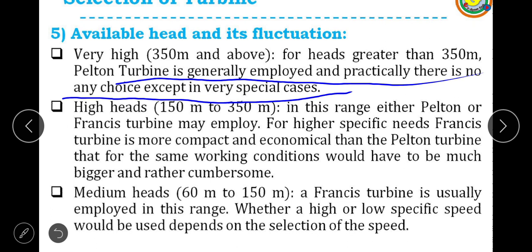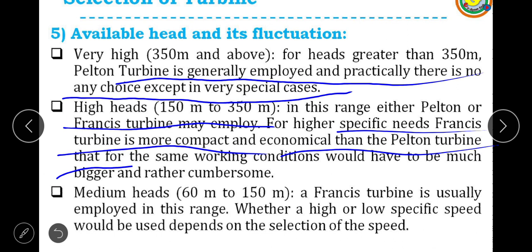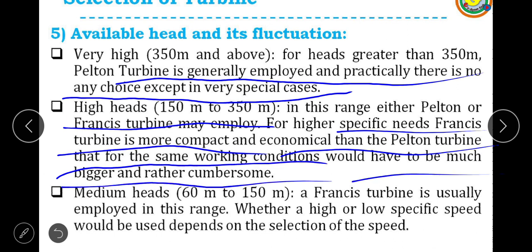High heads, 150 to 350 meter: in this range, either Pelton wheel or Francis turbine may be employed. For higher specific speed, Francis turbine is more compact and economical than the Pelton turbine, which for the same working conditions would have to be much bigger and rather cumbersome.